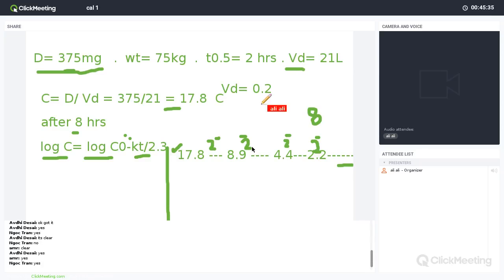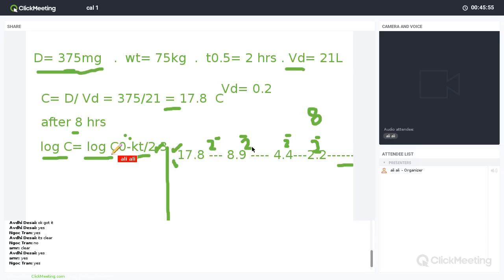Great. So we will go for the other approach, just to show you how easy, simple and time saving this method is.